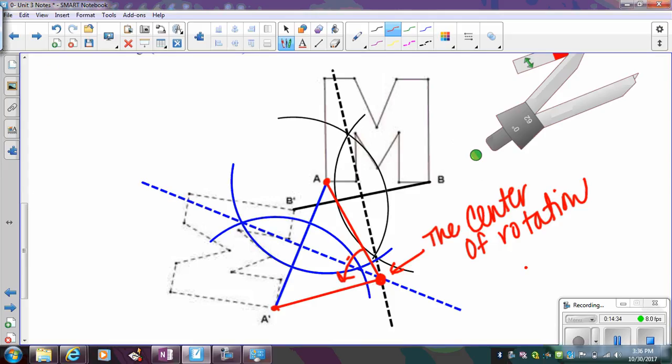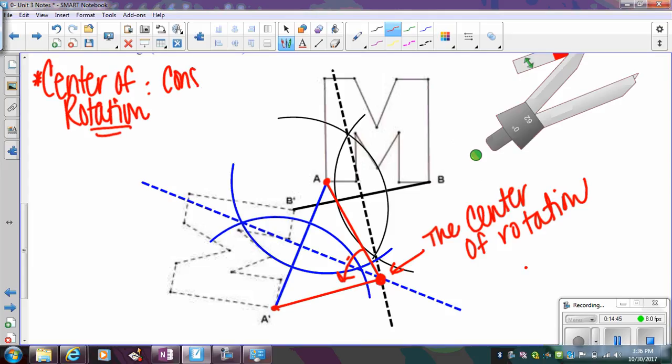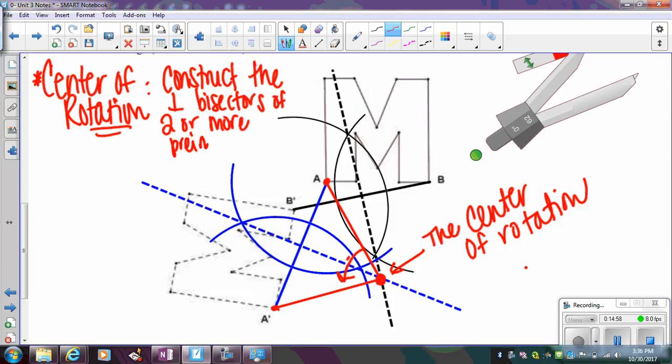So to find the center of rotation, I'm just going to make a note here. You're going to construct the perpendicular bisectors of 2 or more, because remember you could do more, pre-image and image points.